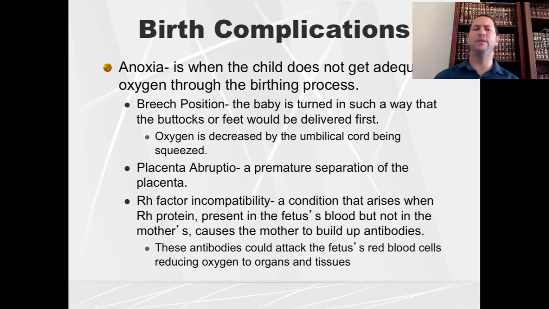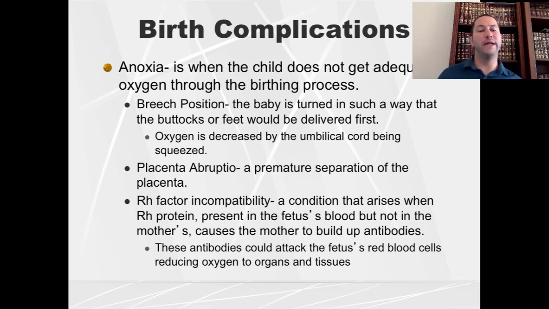How does that happen? Many ways. One is the child is breech, and as I said, it turns and it pinches the umbilical cord, which, as we said, was very responsible for oxygen and blood flow. So that could be an emergency issue where there's not enough oxygen. We also have placenta abruptio, which is where the placenta separates, and the placenta is on the other side of the umbilical cord, and that could be exceedingly problematic in terms of oxygen.